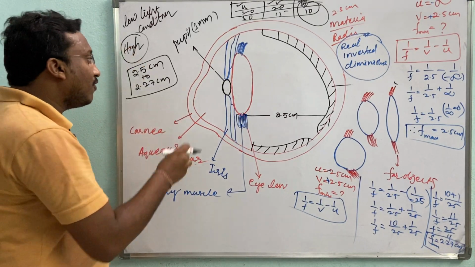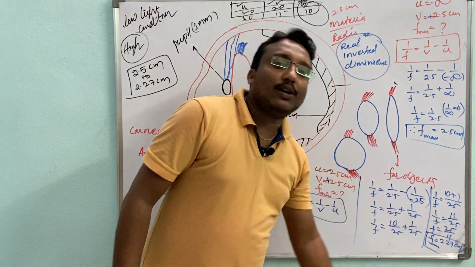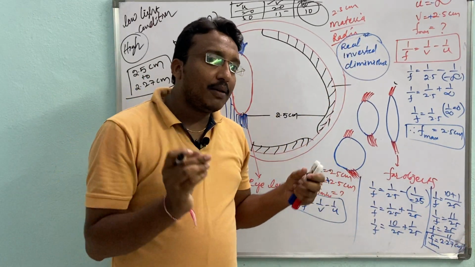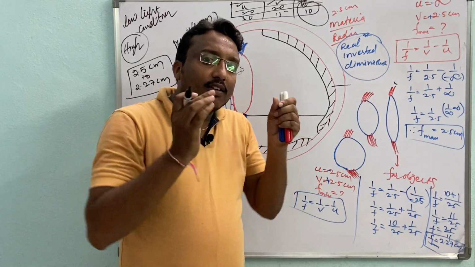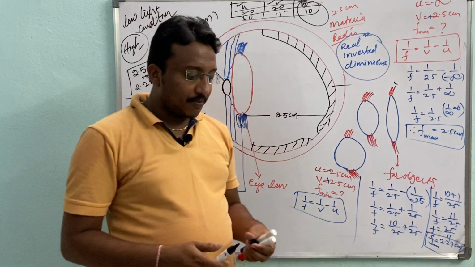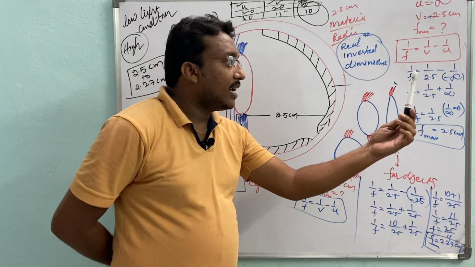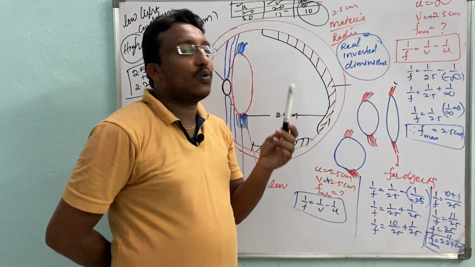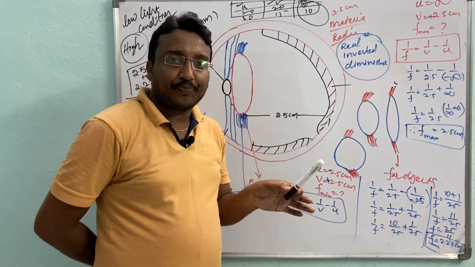The minimum focal length of the eye will not decrease below 2.27 centimeters. Why? Because the ciliary muscle can contract or expand only to a certain limit. Because of that reason, when we keep objects very close to our eye, we see a blurred image.